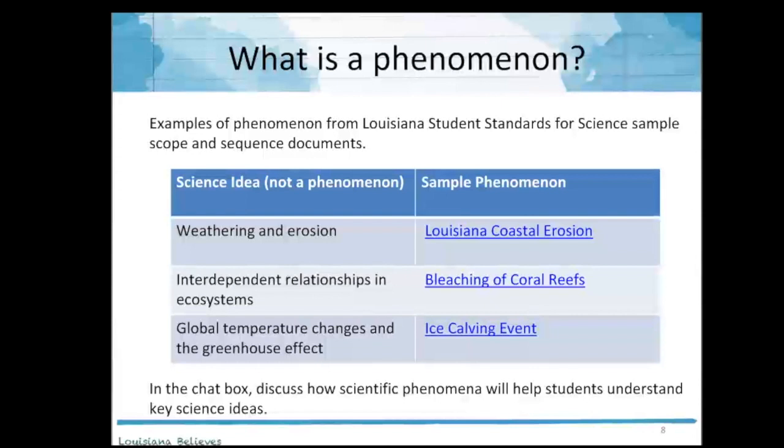So phenomenon-based instruction is beneficial to students because it helps them connect what they are learning to real-world phenomena, to real-world things. And also in fourth grade, this is a wonderful anchor phenomenon because fourth grade students can definitely connect to the state of Louisiana because it's the state in which they are living.